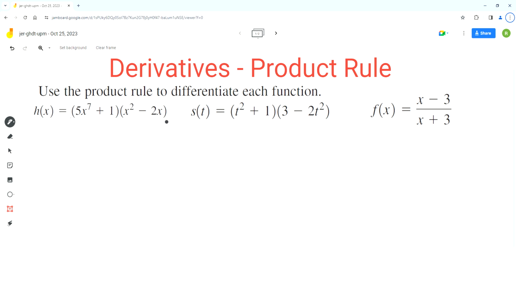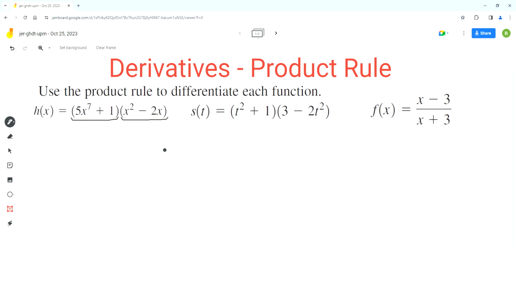So this function is made up of the first function, 5x to the power 7 plus 1, times the second function, x squared minus 2x. So we can use the product rule to find the derivative of this function.